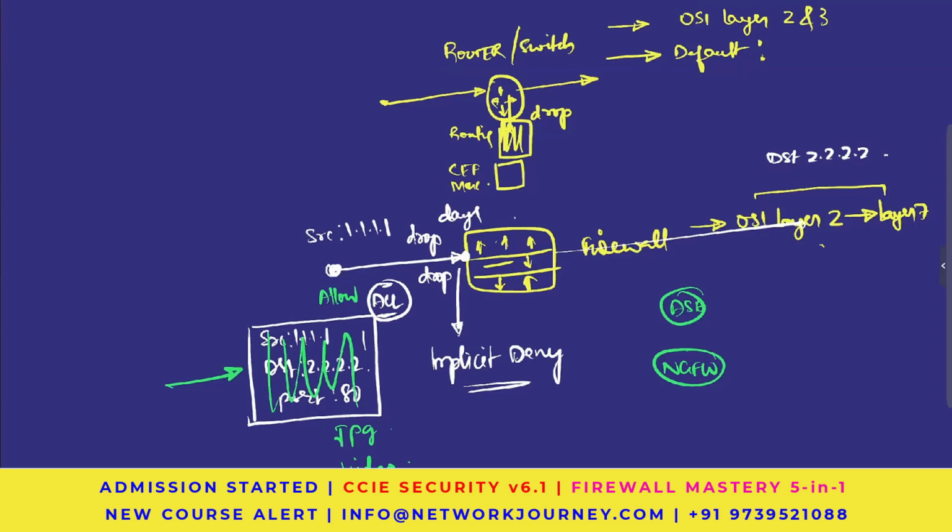Because when we go with next generation, it's more about deep packet inspection. That means it can check the content type and then do the needful. If I say that if it's a PDF type of format, then just deny it. I don't want any sort of downloads happening. Or if it has this file extension, then deny it, and only allow, let's say, JPEG.